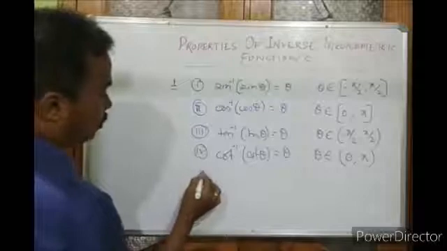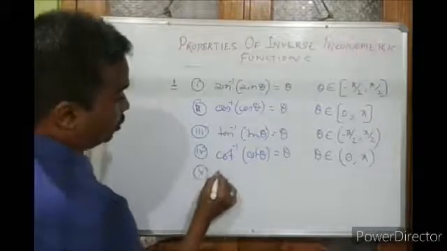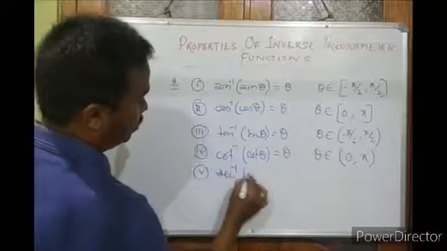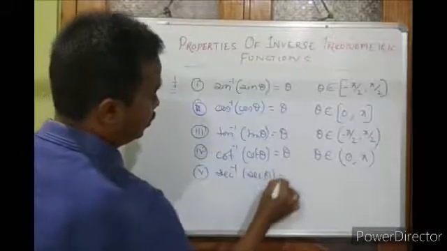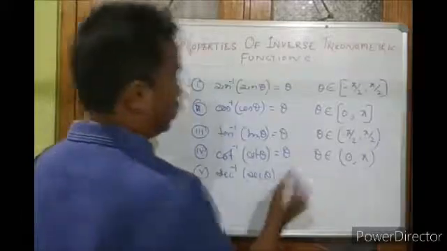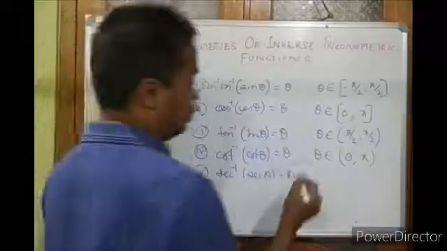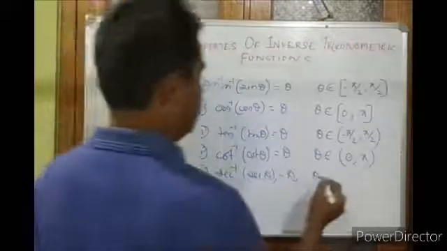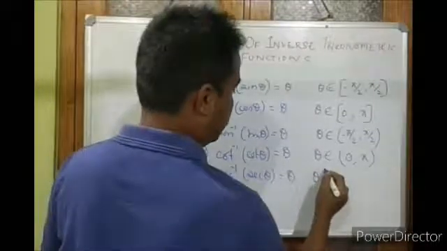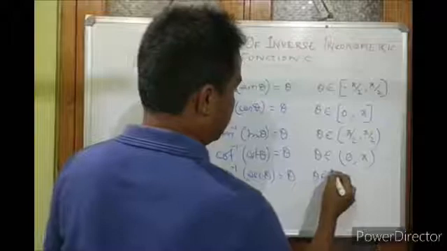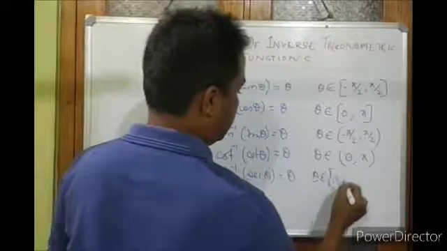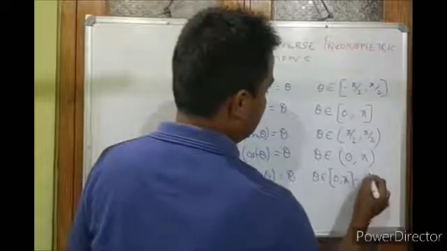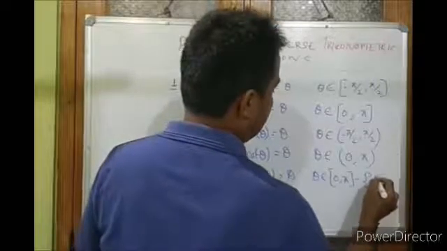And fifth one is sec inverse sec theta is equal to theta. What is the principal value branch? Theta belongs to 0 to pi, excluding pi by 2.